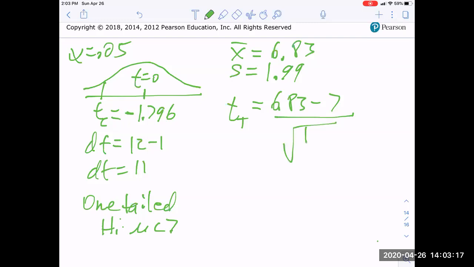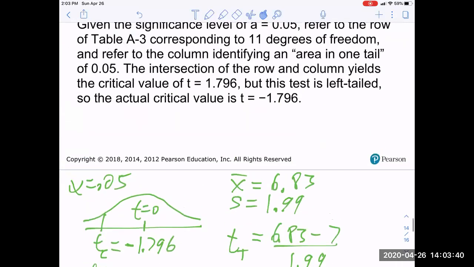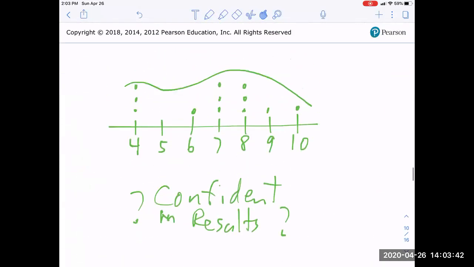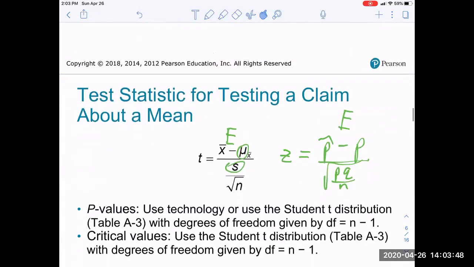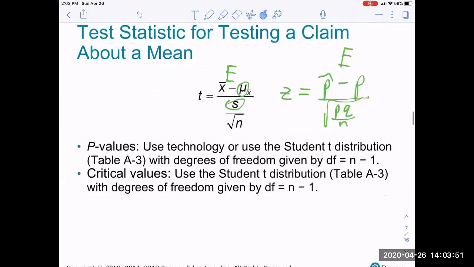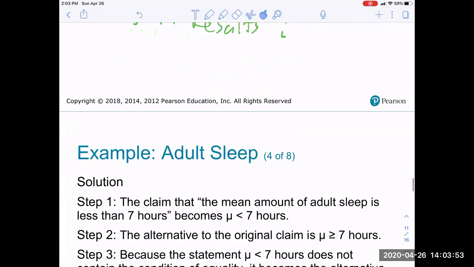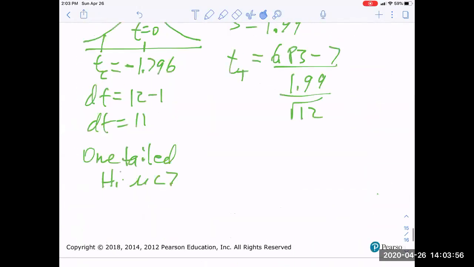Over S, which is 1.99, over the square root of N. N was 12. Just to make sure we got all that right. Okay, so we're okay there. Now it's calculator thing. Hang on.